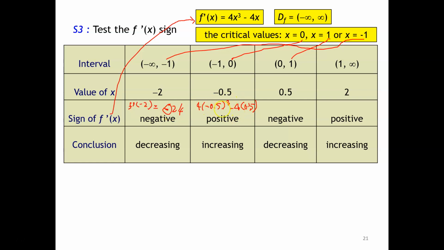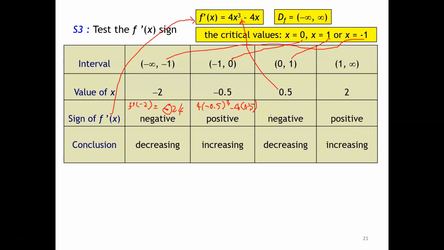So when I substitute this -0.5 into this, you will get the answer positive. And the same for this one. How do I find the sign of the f prime x value? I substitute the 0.5 into this. Same for this one, substitute 2 into this f prime x. So you get positive.